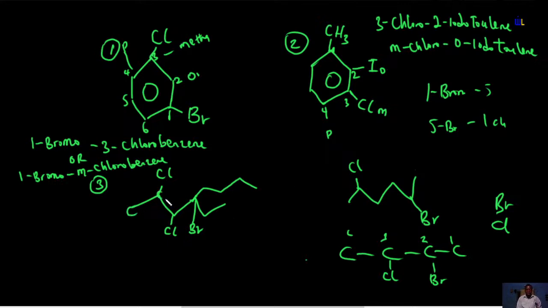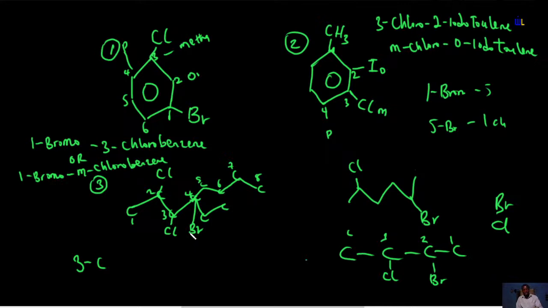This is carbon, carbon, carbon, carbon, carbon, carbon, carbon, carbon. So if we are counting, this is going to be 1, 2, 3, 4, 5, 6, 7, 8, which makes this an octane. And because this is an octane, this is going to be 3-chloro.